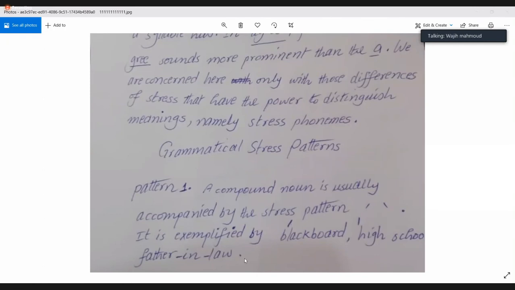Yeah. Then we have father-in-law, where stress, again, the primary stress falls on the first element. What's the meaning of father-in-law? أب التبني. Again. الحما. Yes.